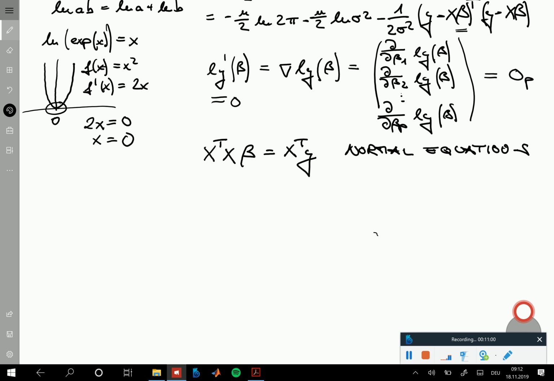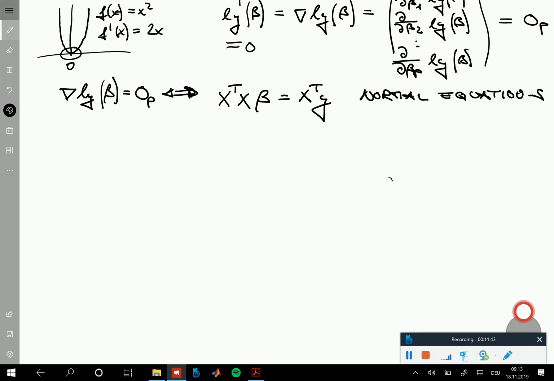So what I'm saying here is that the gradient of the log likelihood function equal to the p-dimensional 0 vector is the same thing as saying that the design matrix transpose times the design matrix times beta equals the design matrix transpose times the data. These statements are equivalent, and I will show you why in a second.